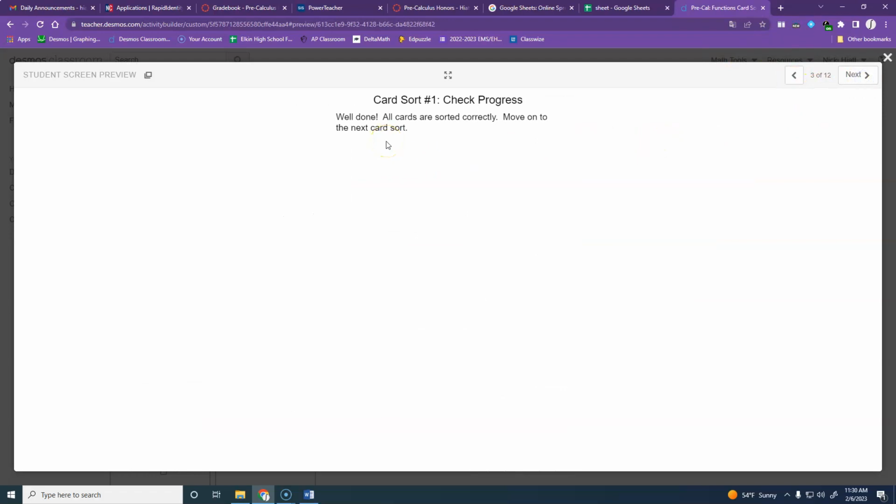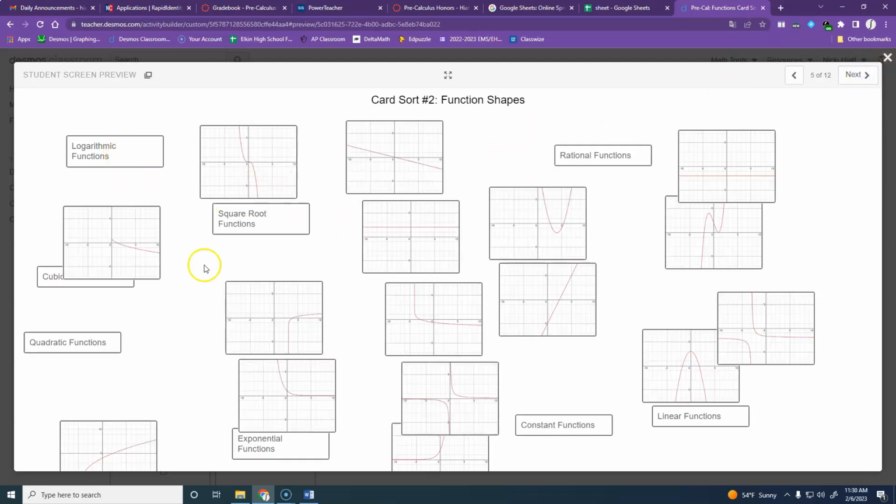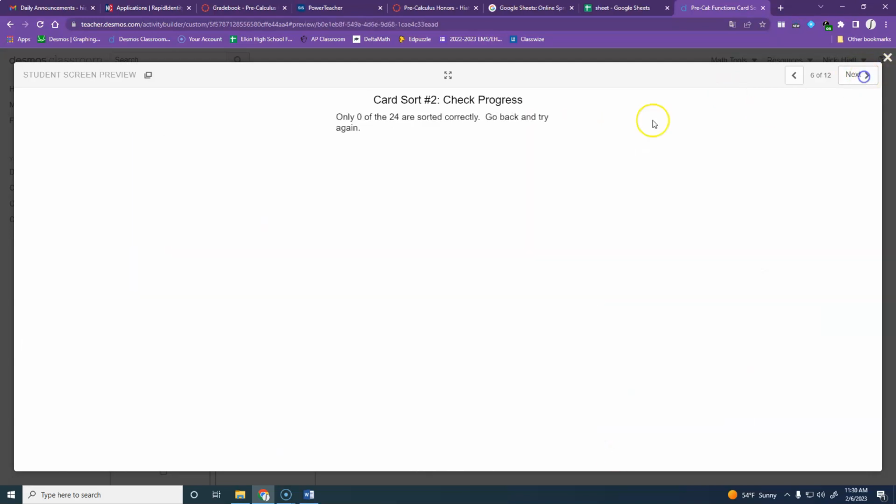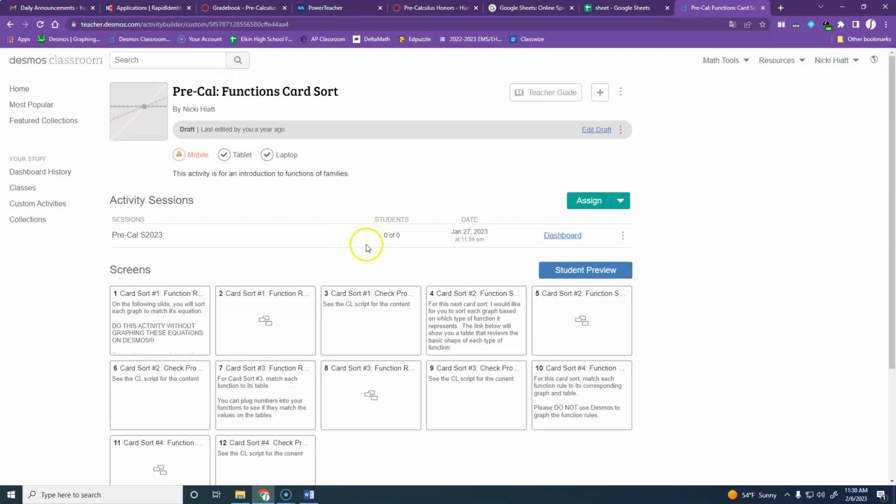So I want you to make sure you've got them all right, and then go on to the next one. If you get desperate, you may graph things on Desmos if you can't get them right there. And then it'll have the next one. You've got to match these here. And then you continue on. So you guys get the idea for that. That'll be your assignment. I think there's 4.